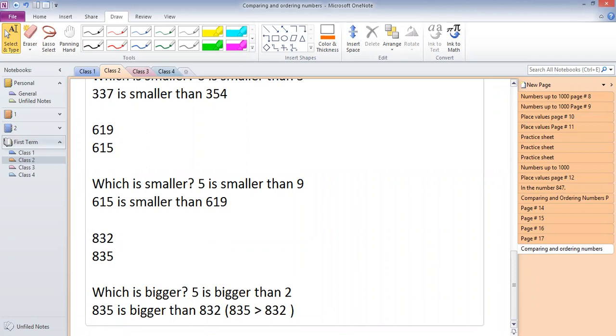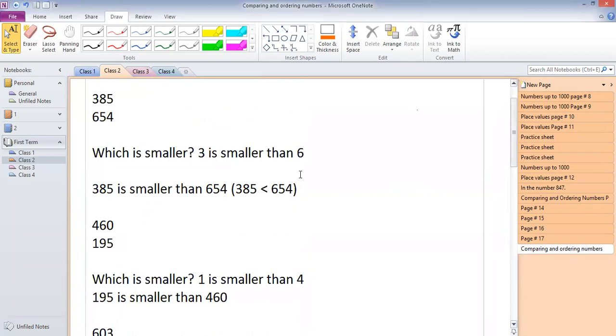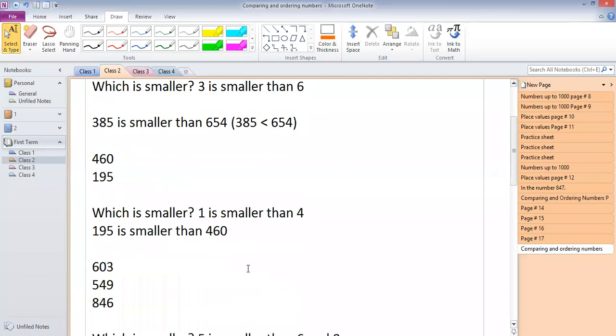Its mouth should be open in front of the bigger number. 835 is bigger, that's why its mouth is open in front of the bigger. Is it clear, guys? Yes, sir. Very good.